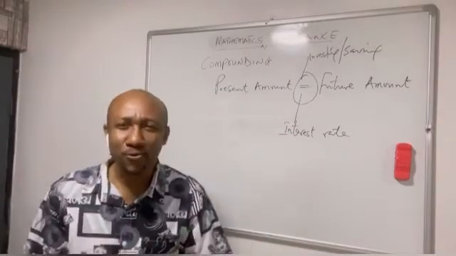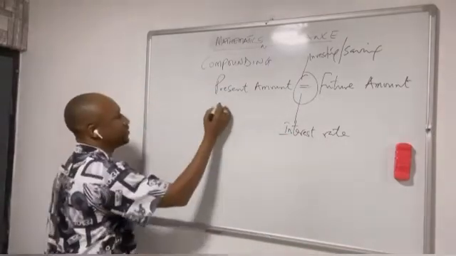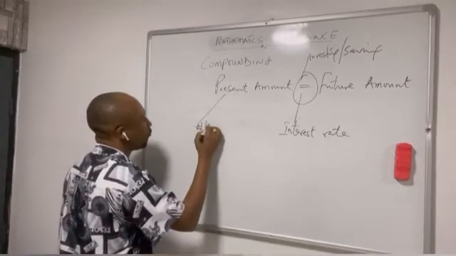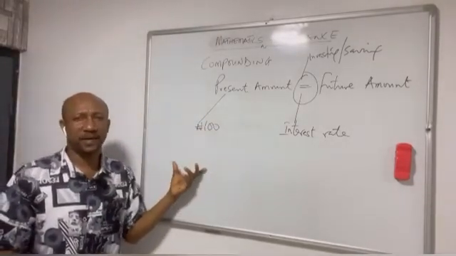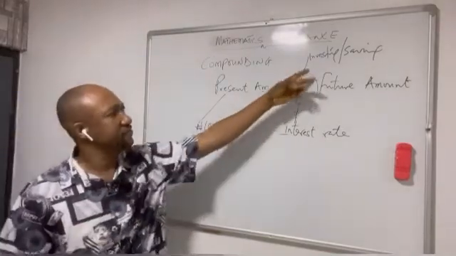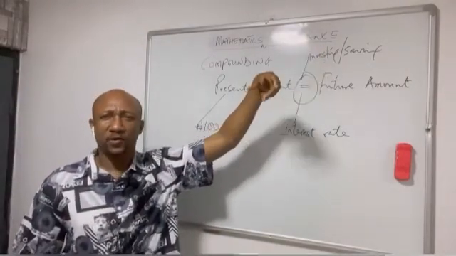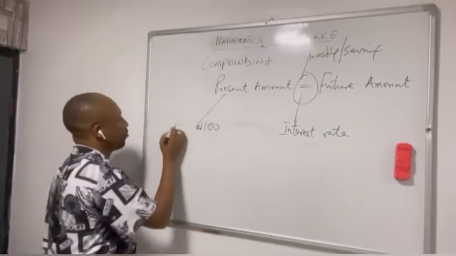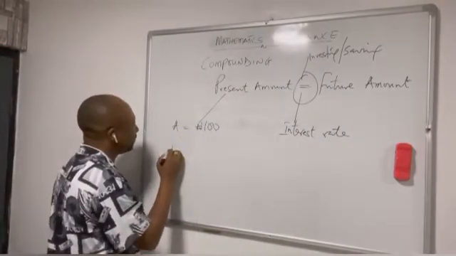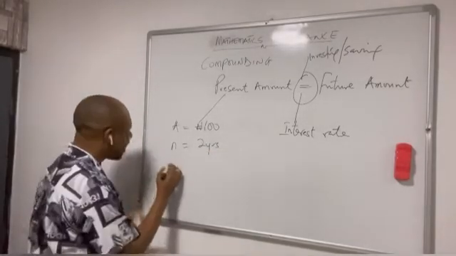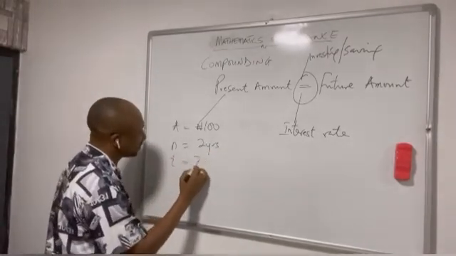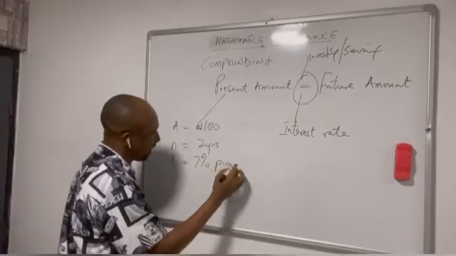Suppose you have a present amount of 100 naira, and you decide to save this 100 naira in your account for 2 years, and your bank pays interest at 7% per annum.